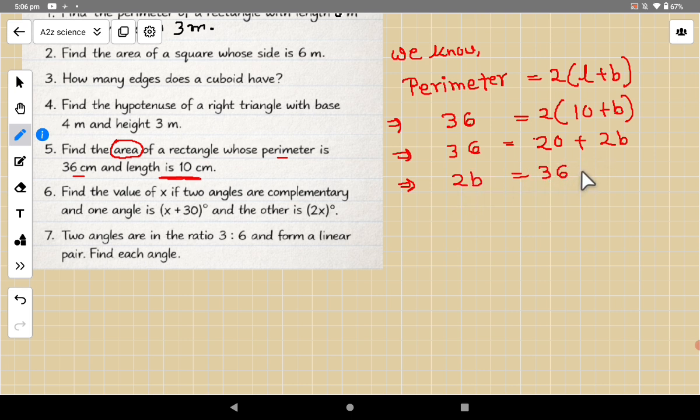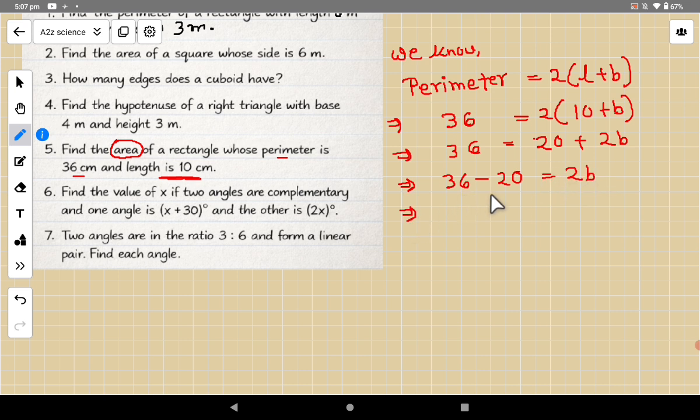See, this part I can do in this way also. 36 minus 20: 20 comes to the left-hand side, so it will be subtracted. As the initial sign of 20 was positive, when it goes from the right side to the left-hand side, the sign will be changed. If I subtract 20 from 36, it will be 16.